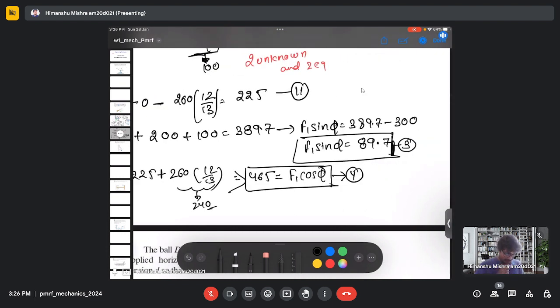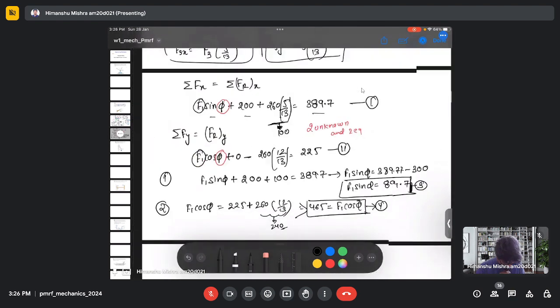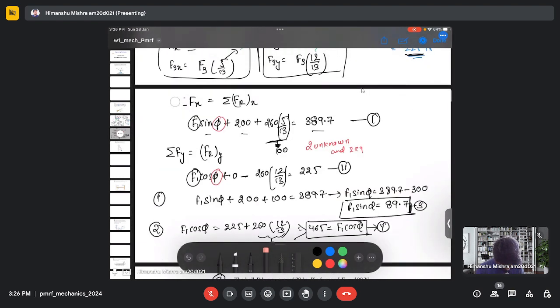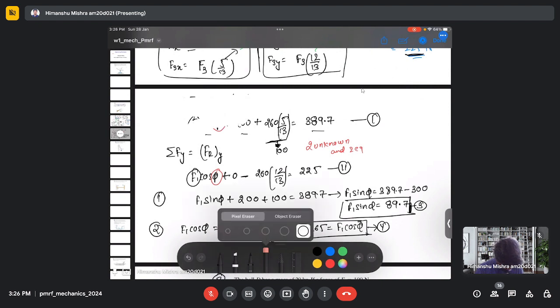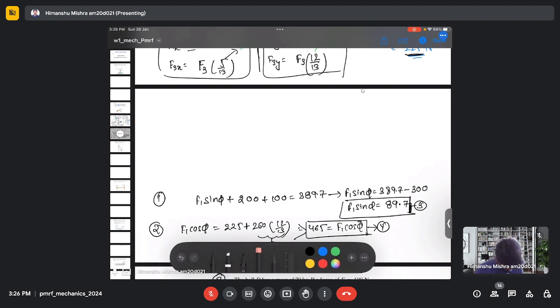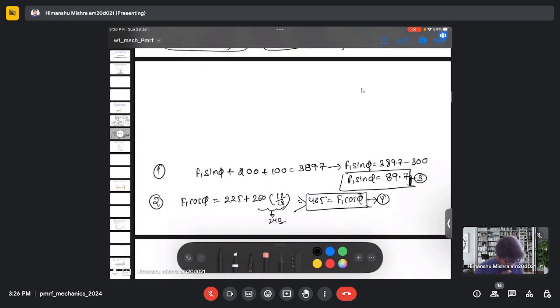So now we have actually simplified these equations, and we can use equation number 3 and 4 directly.